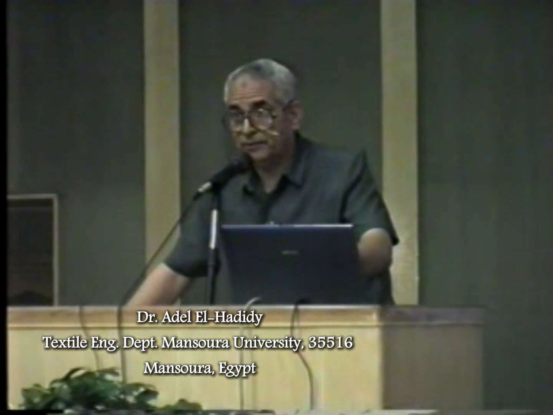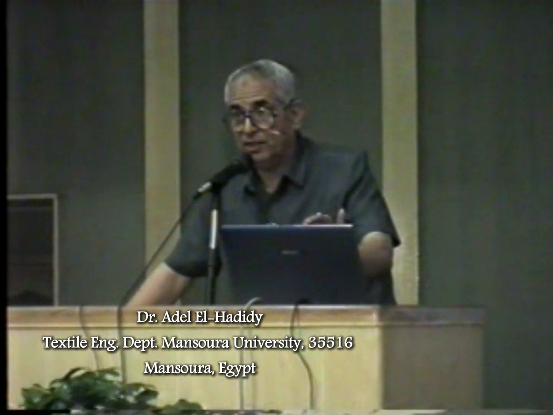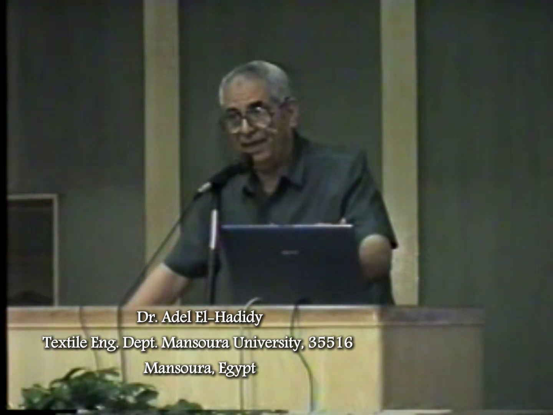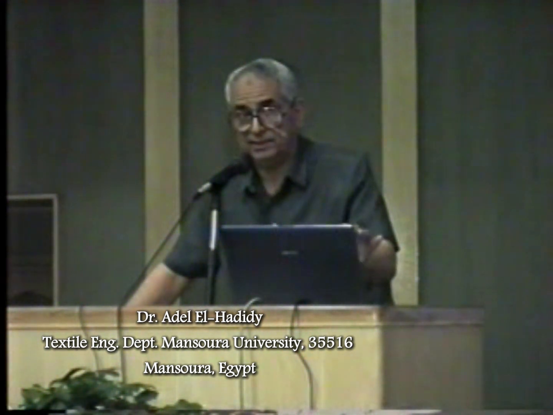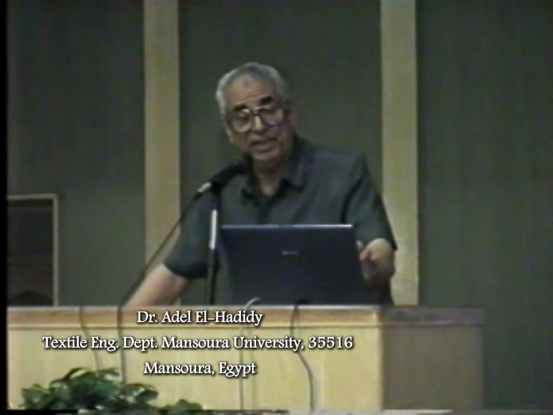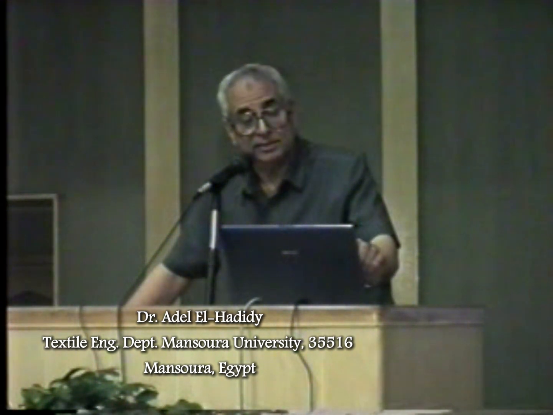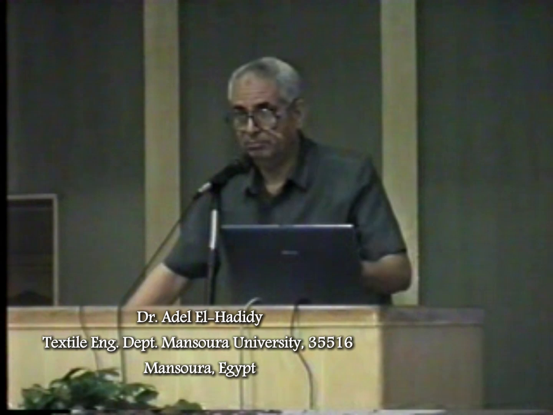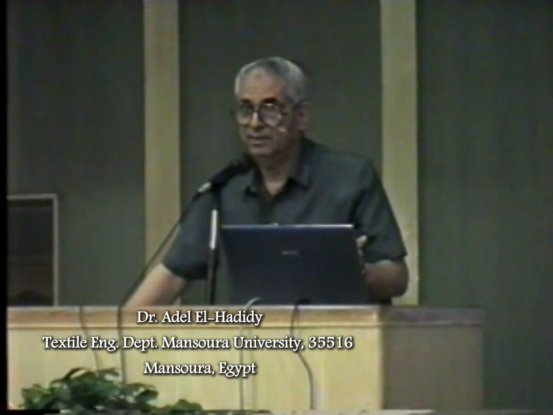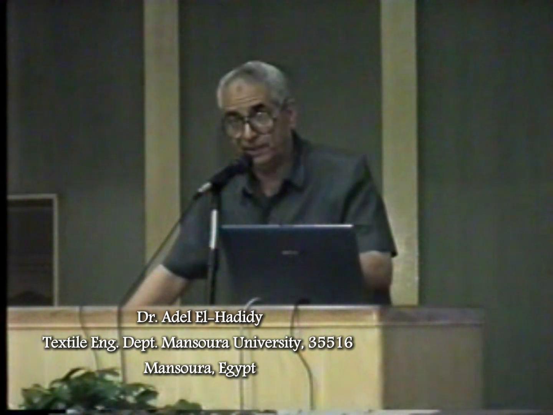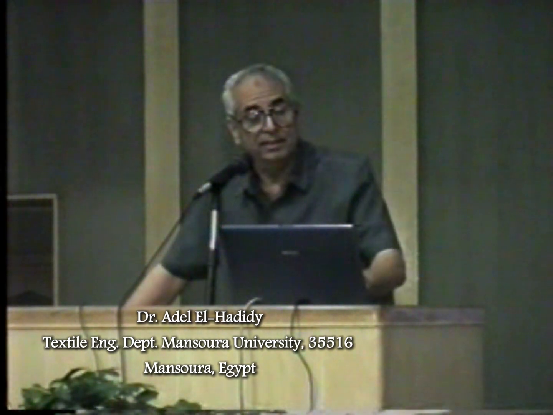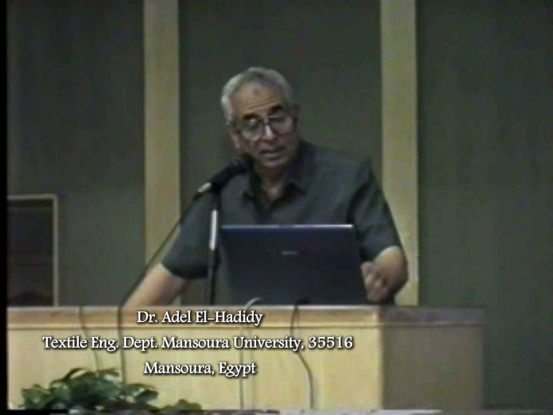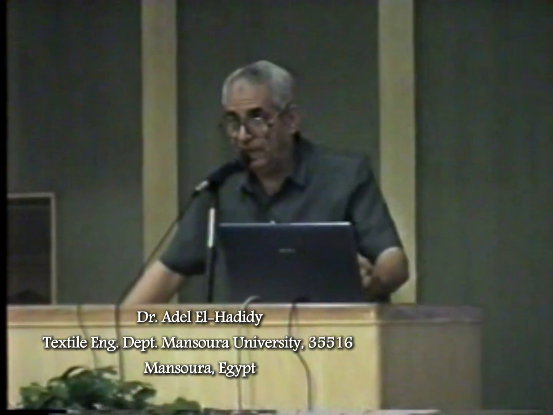In this study, I consider these properties as positive correlation: length, strength, and maturity. However, the negative correlation characteristics in this study may be considered as fineness, trash content, and micronaire.